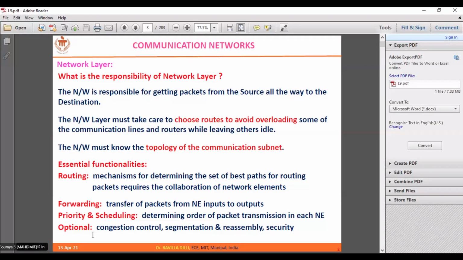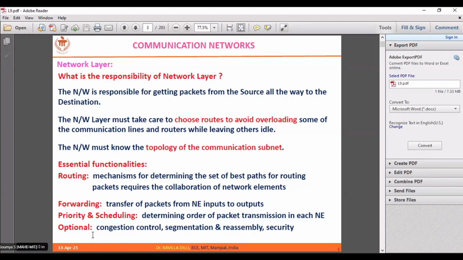Let us say instant messaging, you don't really tolerate any delay in it, whereas when you're trying to send an email, some milliseconds of delay is still tolerable. So the network layer is supposed to find out what kind of packet it is trying to forward or send, and accordingly it has to prioritize and schedule it.